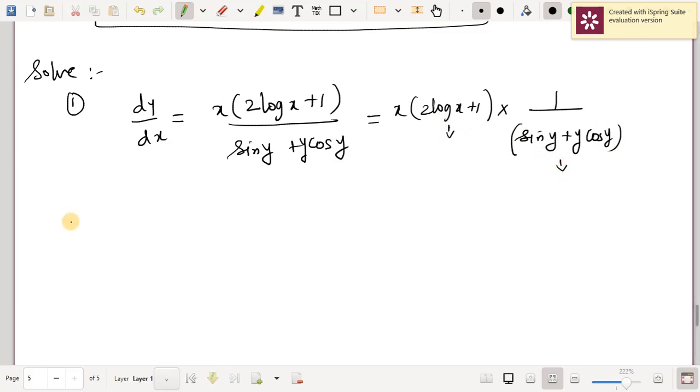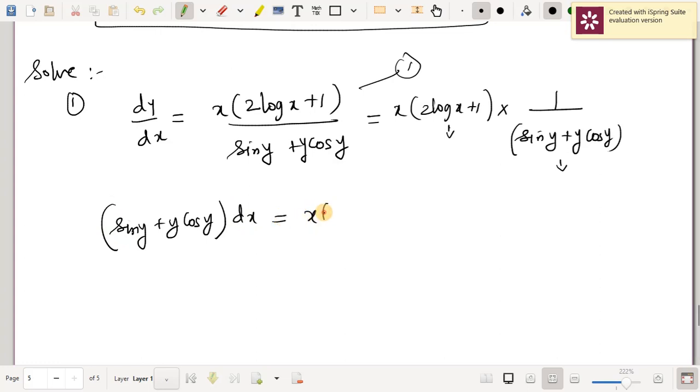That means we can separate the variables. This is my problem, I'll call it equation 1. So this can be written as sin y plus y cos y dy is equal to x into 2 log x plus 1 dx.